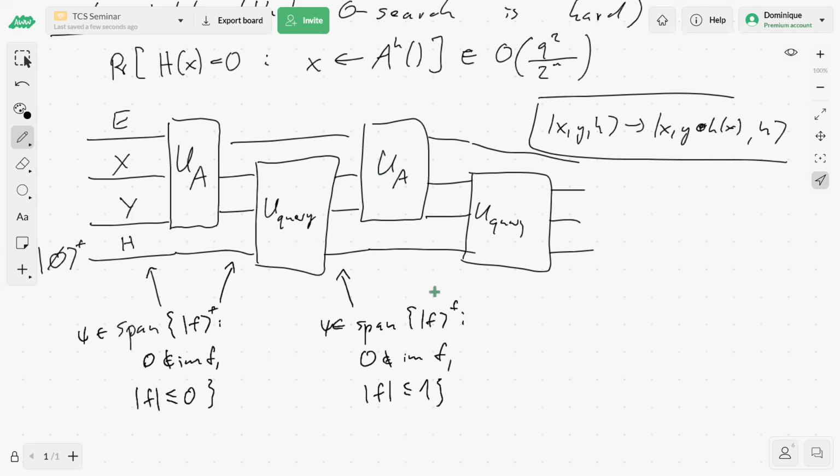And then we apply UA. This doesn't change the invariant, so we have this invariant again. And then we apply uQuery. And now it says that the invariant that holds is a superposition of kets f, so that 0 is not in f, and the size of f is smaller or equal to 2. And so on.